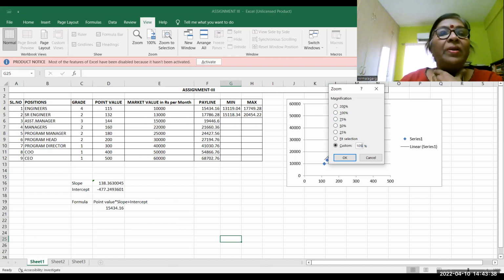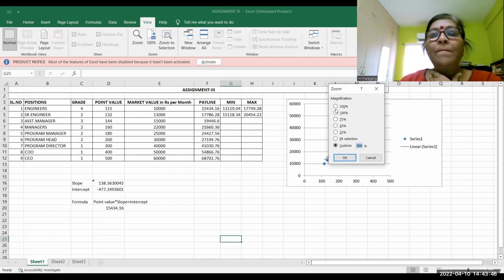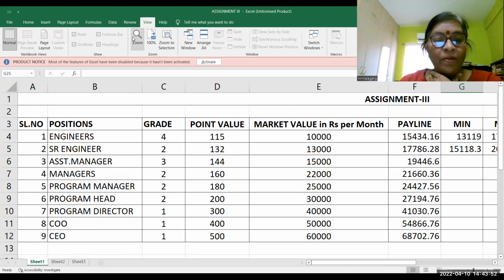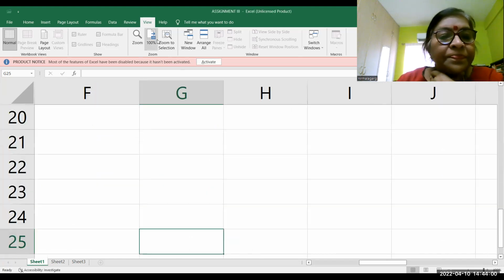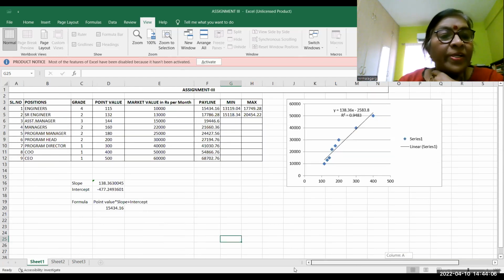I'll stop sharing mine. Otherwise, what happens? No, you won't be able to. Yeah. Got it? One second. Sorry. Right. Yeah, I'm able to see a little.